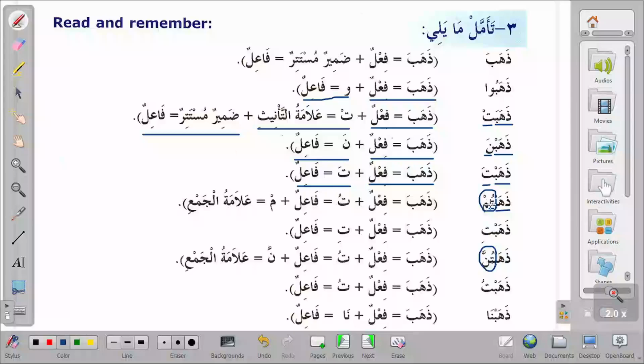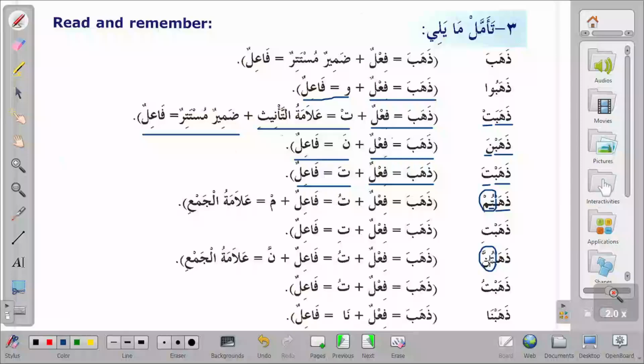If I ask you where is the pronoun and you say the pronoun is tum, you are correct. But to further break it down, the ta is the real pronoun, but the meem is a sign of masculine plural. The same way here, if I ask you where is the pronoun and you say tunna, it is understood, but grammatically, that is not correct.